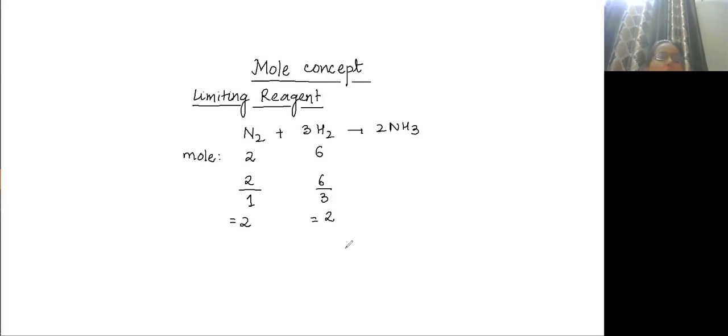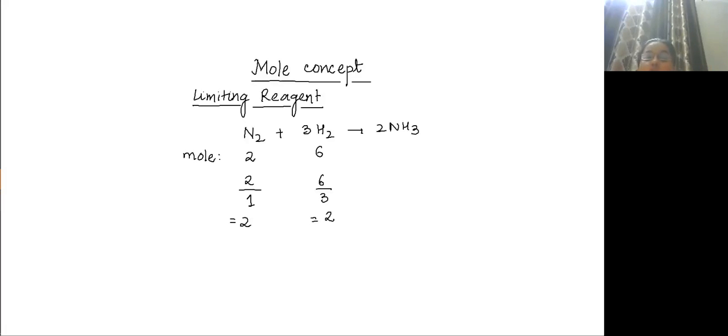There will be no limiting reagent. If I ask you whether H2 and N2 will remain after the reaction is over, there is no LR, no ER, because when you divide, you are getting the same number. Limiting reagent means which is completed, excess reagent means which is remaining.